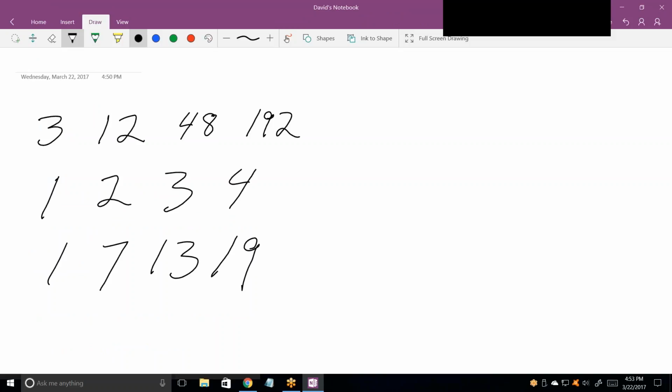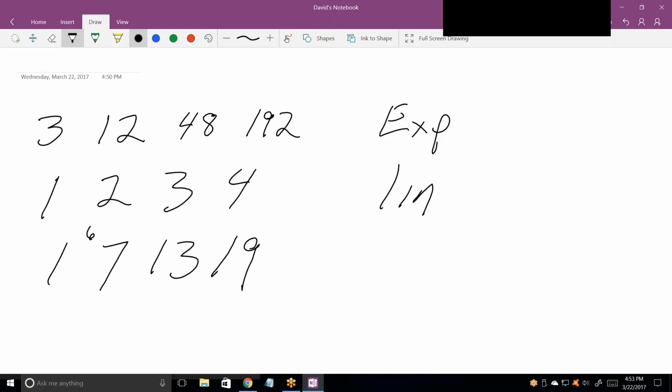Exponential. Because there's a multiplier between each term, a common one. Yes. Middle row, linear or exponential? Linear. Because there's a common number added to each term. And bottom row. What's the difference?